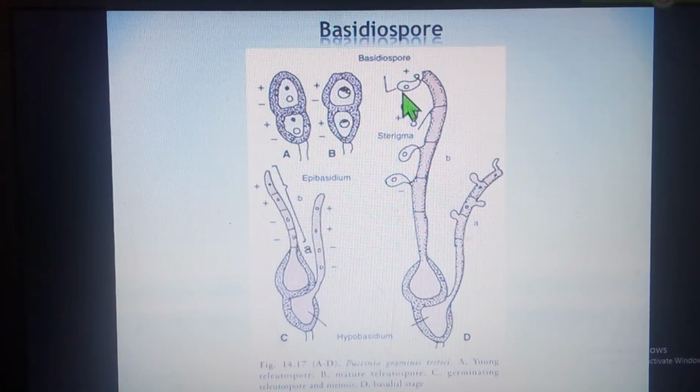Now these basidiospores, remember, 2 of them are of positive type and 2 are of negative type.